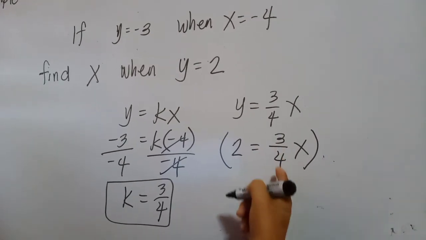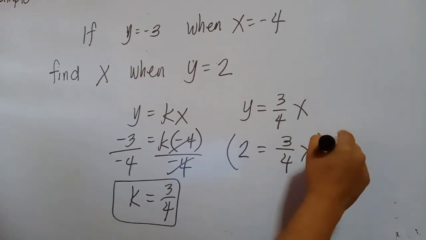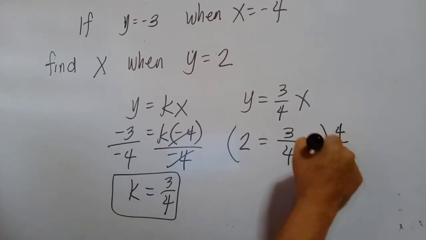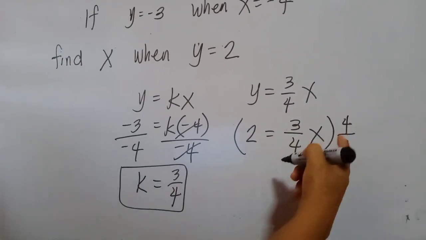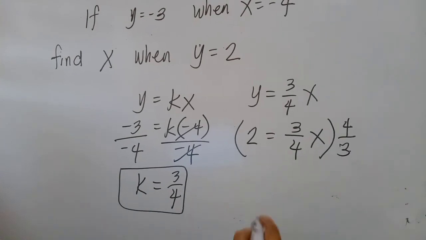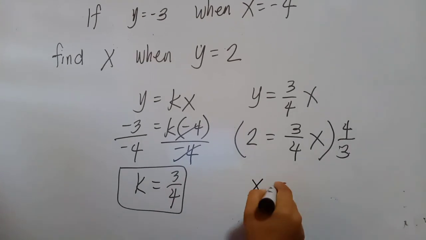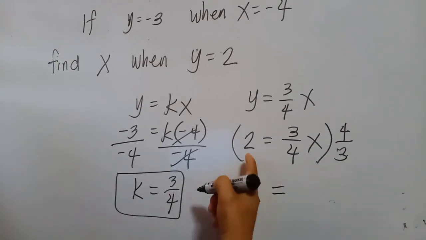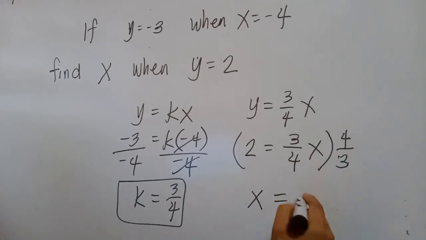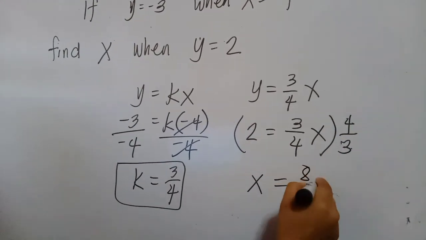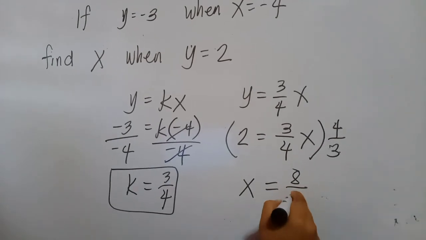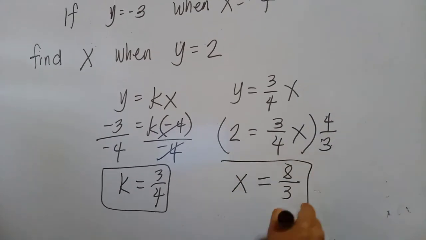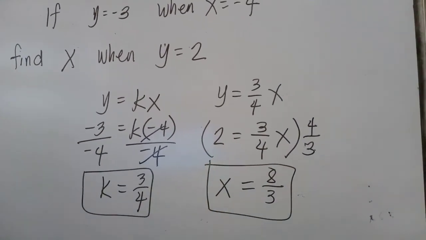The reciprocal of 3/4 is 4/3. So 3/4 times 4/3 is equal to 1. So x is now equal to 2 times 4, which is 8. And of course, just copy 3. So x is 8/3.